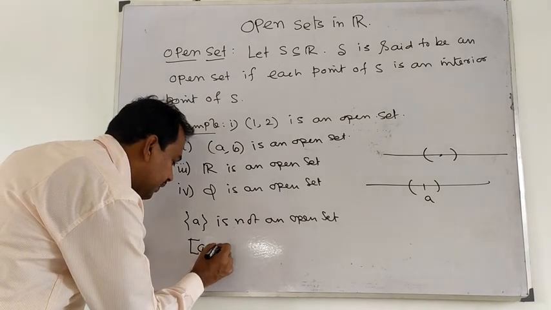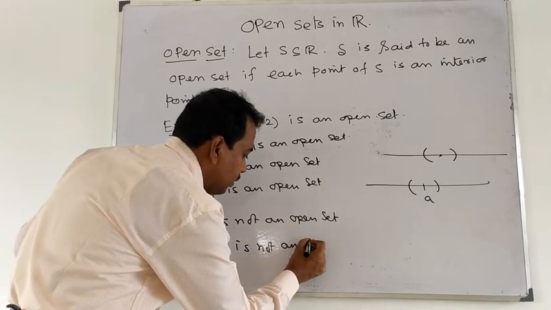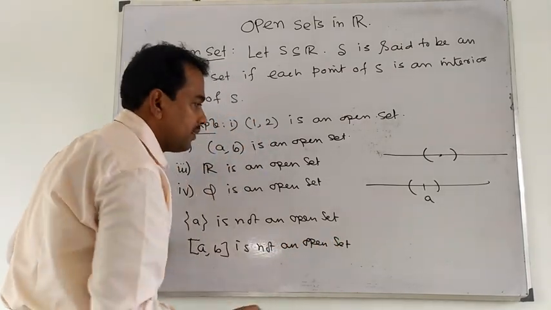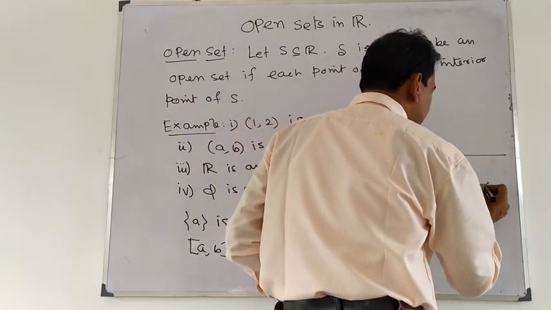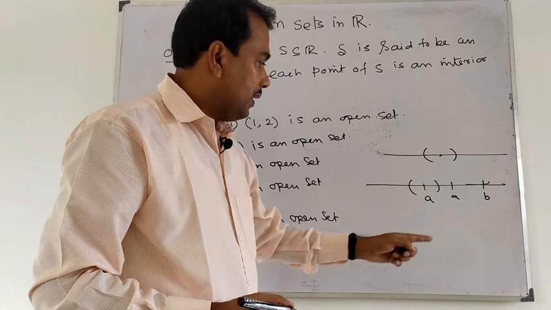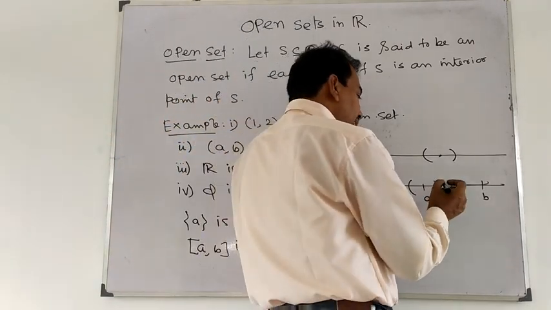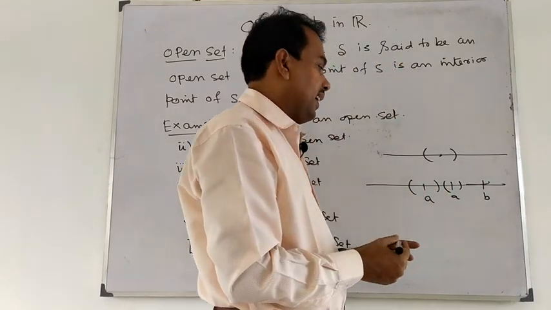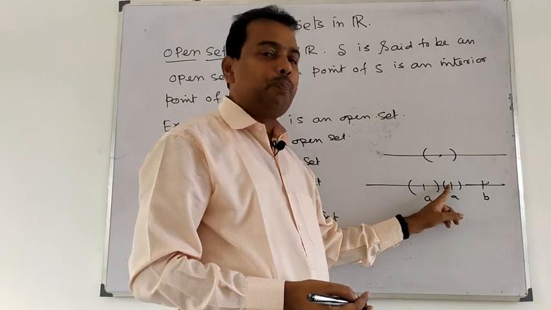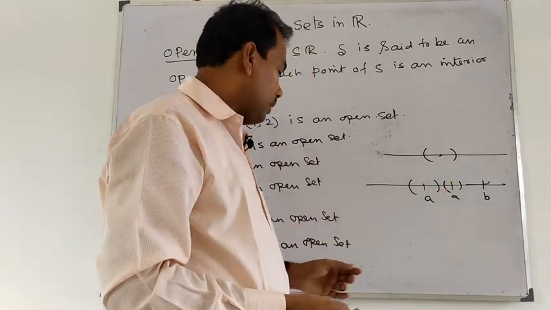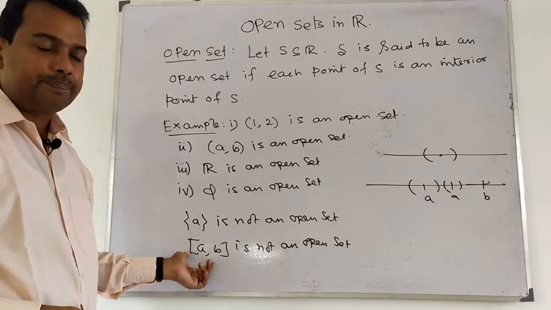Next, the closed interval [a, b] is not an open set. Since if we take the closed interval [a, b], then a is not an interior point, because if we take any neighborhood centered at a, then the left-hand part contains points which do not belong to this closed interval [a, b].